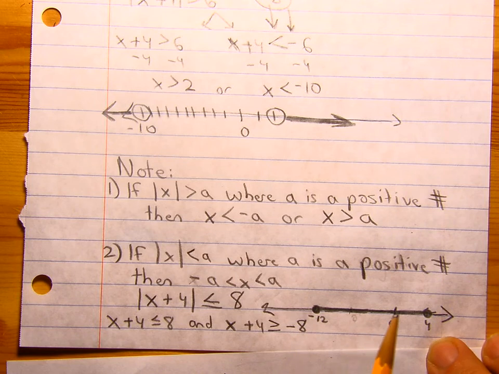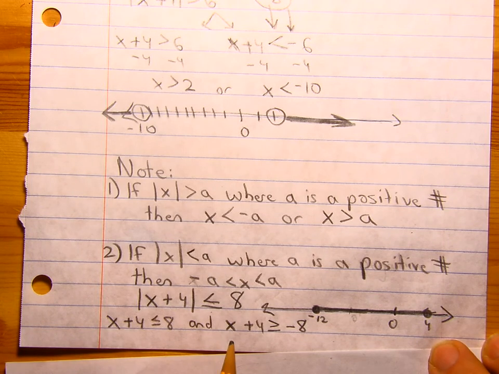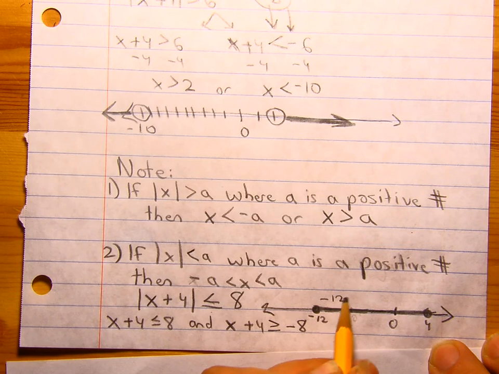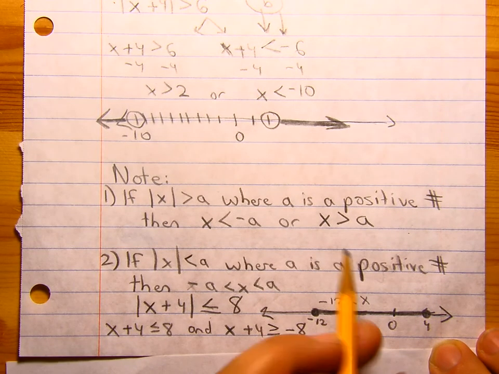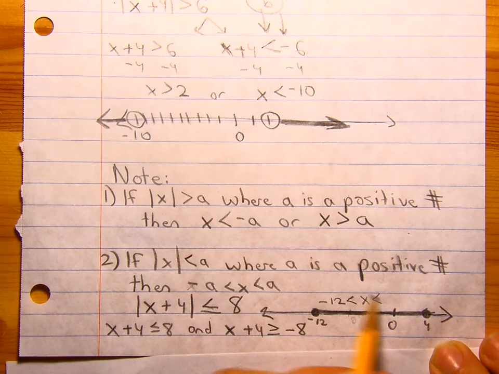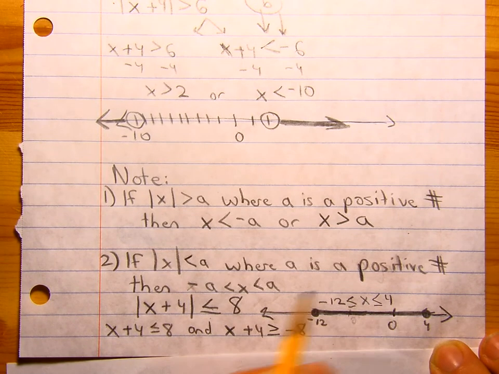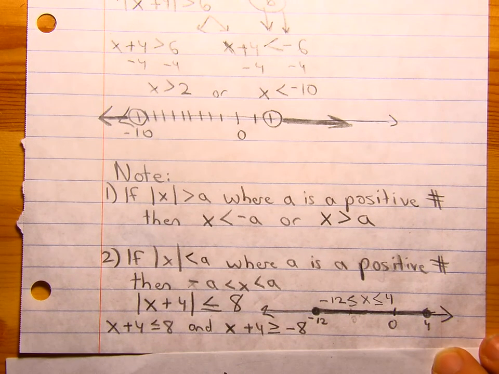When you go to graph these, what you'll end up with is -12 is less than x, and x is less than or equal to 4. And that's how you'd write that one.